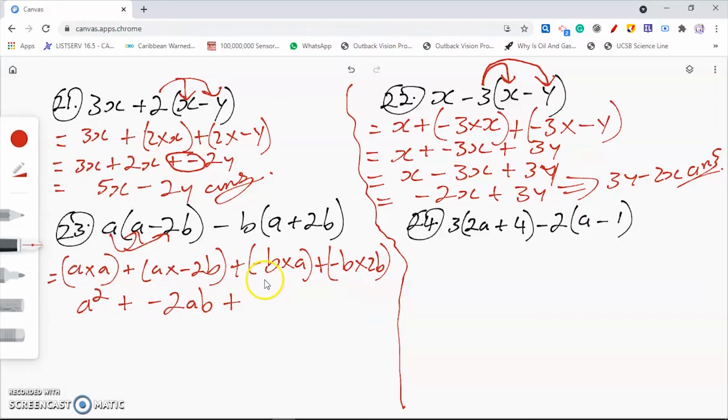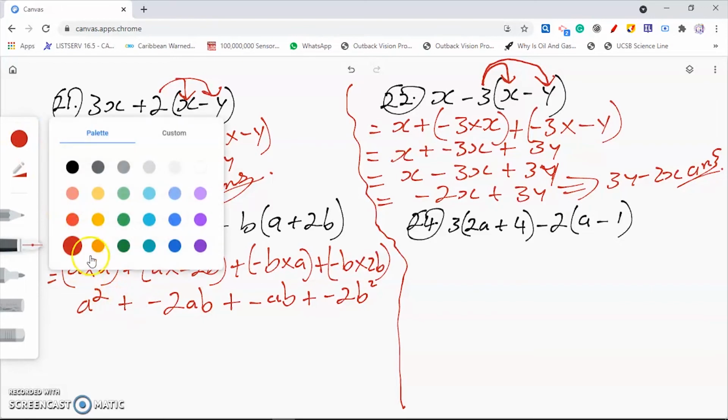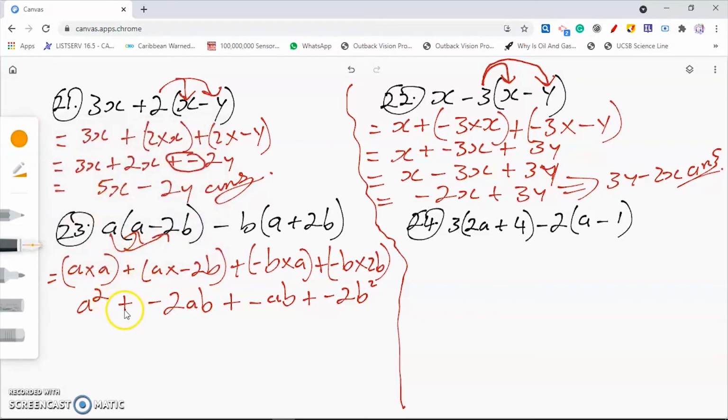Plus negative b times a is negative ab, plus negative b times 2b would give us negative 2b squared. Then we have to simplify these signs there.